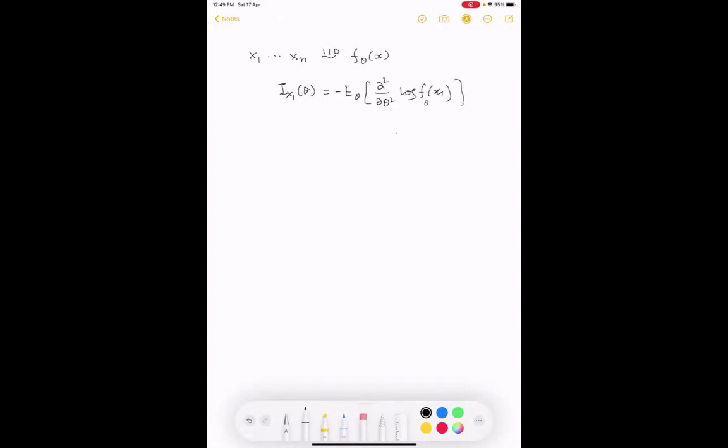Okay. Let me denote this vector as x tilde. This is my data set. This is x1 to xn, my data set. I'm denoting it as x tilde.